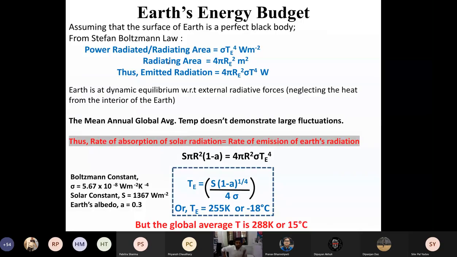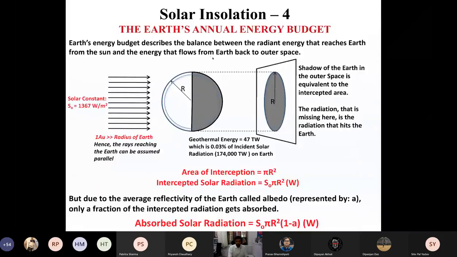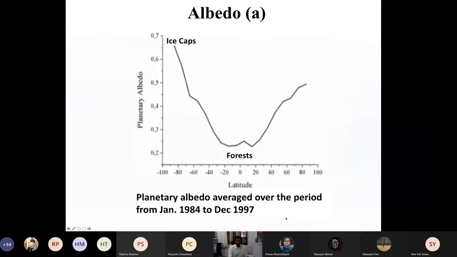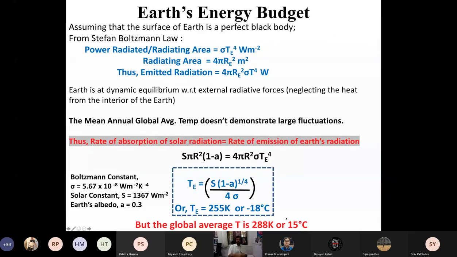Now, from that perspective, we can say that the amount of energy radiated per area is sigma T to the power 4. And the radiation is happening across an area of 4 pi r square. Okay. And so we have to take a step back. Let's look at the incoming solar radiation, which is S0 pi r square (1 minus A). Now, all this radiation that we have received has to be emitted back from the system.